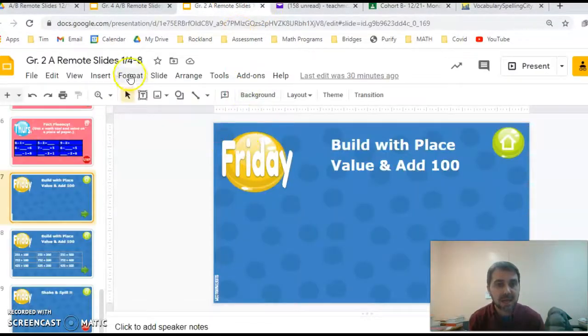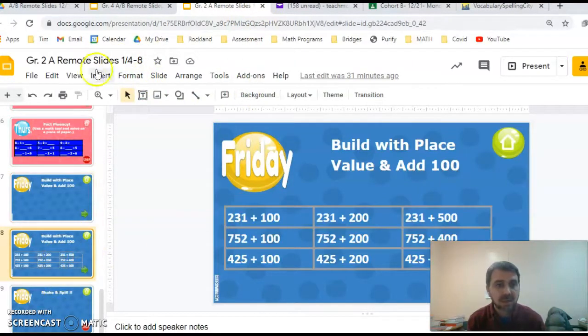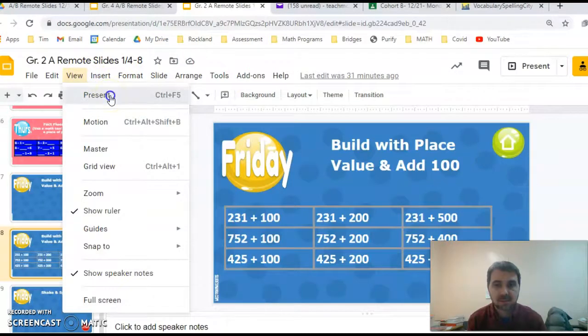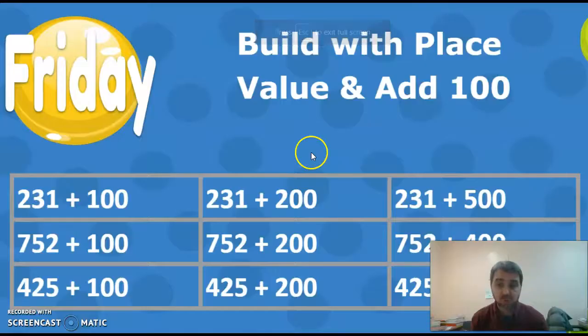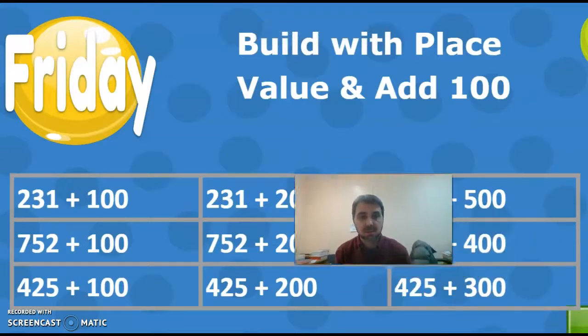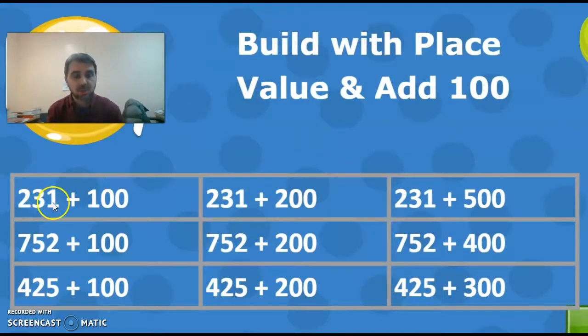And then, as you did the other day, you're going to have a slide that looks like this, where you're going to be adding 100 to these numbers. So 231, it's the same numbers you used the other day, but now we're adding hundreds, not tens. And I want you to write down on a piece of paper the answers you get to each of these problems.